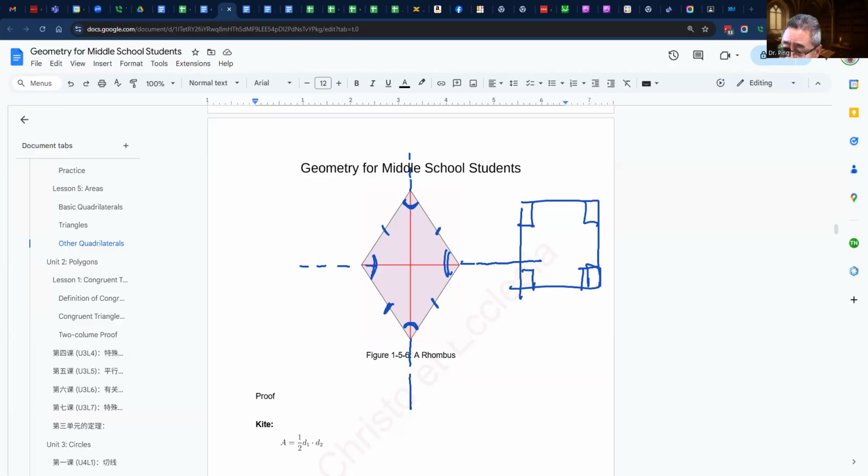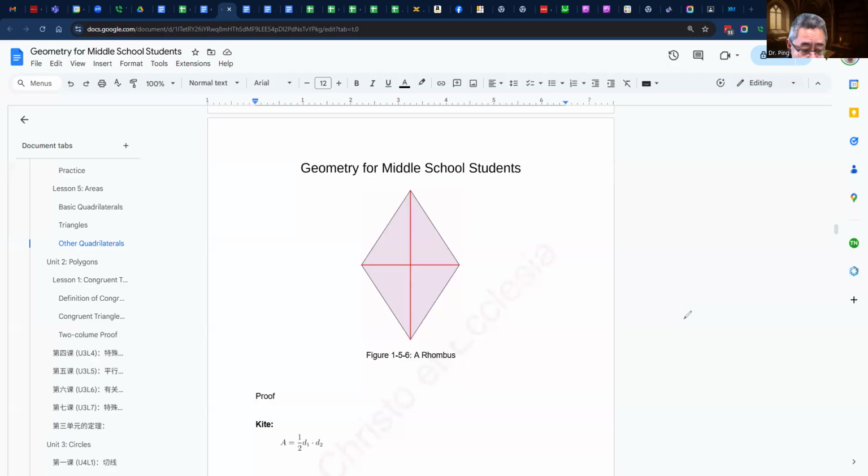Okay, so now we're going to work on how do we derive the formula for rhombus. So what we got here is we basically got two triangles, exactly the same length and same size. That's called congruent triangles.